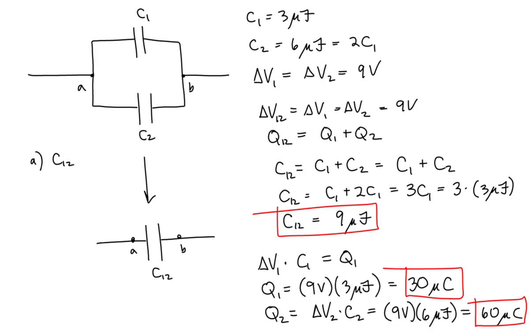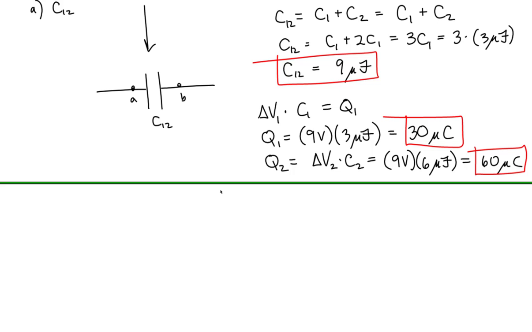So now that we've found the charge on both capacitors, let's find the charge of the equivalent capacitor. The charge on the equivalent capacitor is equal to the sum of the charges of the two individual capacitors in parallel. So this is equal to the sum of the product of the potential difference across capacitor 1 and its capacitance, plus the potential difference across capacitor 2 and its capacitance.